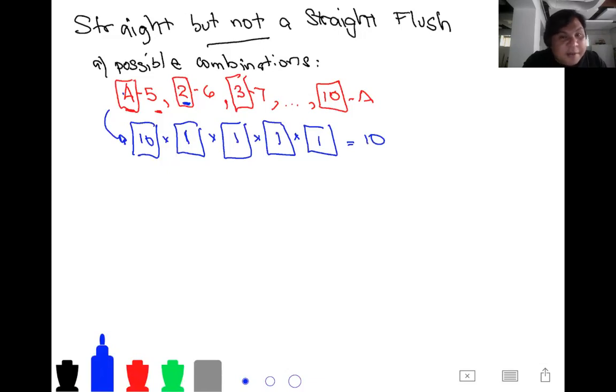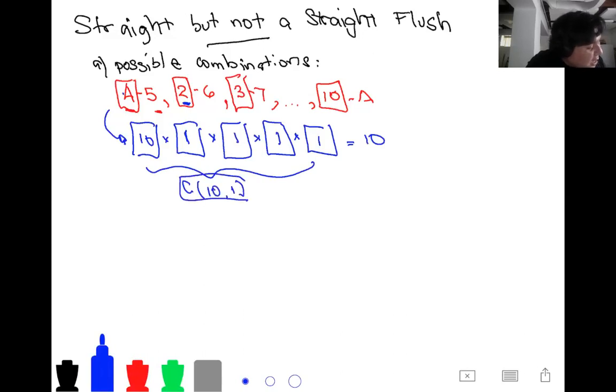However, this one we can actually rewrite as just C 10 taken 1. This C 10 taken 1 refers to the number of ways you can choose one card from the 10 possible starting positions.